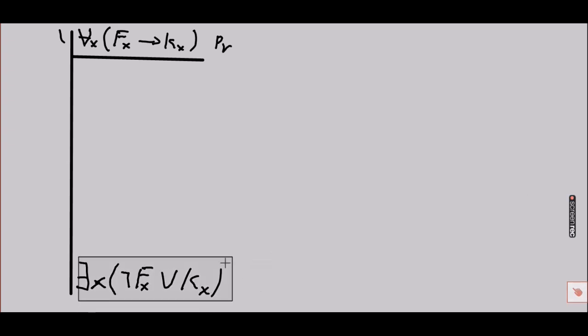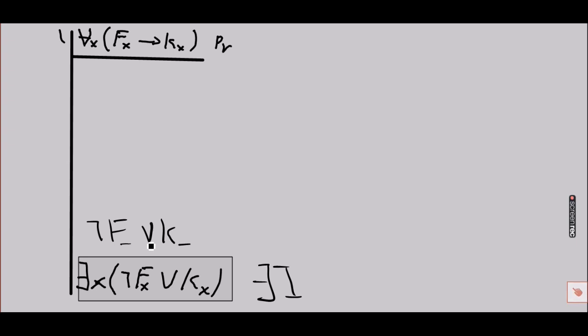And since I'm trying to introduce an existential, it makes sense that we use existential intro. But this rule tells me that I need to have an instance of the existential. And an instance of the existential would be something like this: the negation of F, a name goes here, or K, and the same name goes here in this blank.